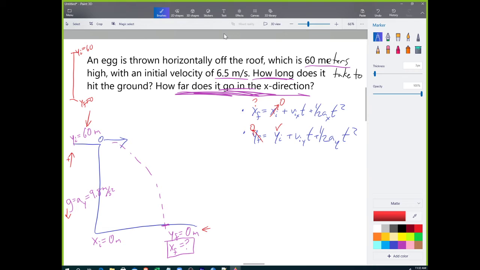When your directions fight each other, does that call for a positive or a negative? A negative. Calls for a negative. So this will be negative 9.8, because gravity is fighting our positive direction. And while we're at it, I will go ahead and put this x direction in there as well.